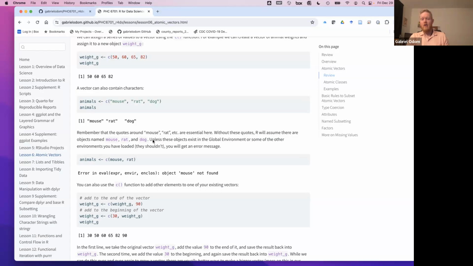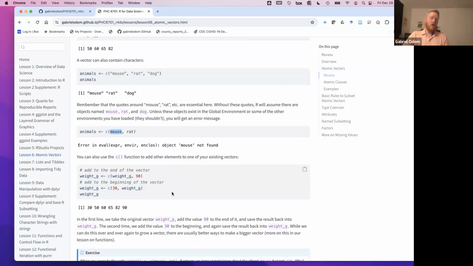Otherwise, R is going to say, oh, there's an object named mouse in the global environment. It's going to look in the global environment to find an object named mouse. And then it says, oh, I can't find an object named mouse, so I'm going to give you this error. So anytime you see object such and such not found, and you were trying to type character strings, it really just means that you forgot to put the quotes around the word.